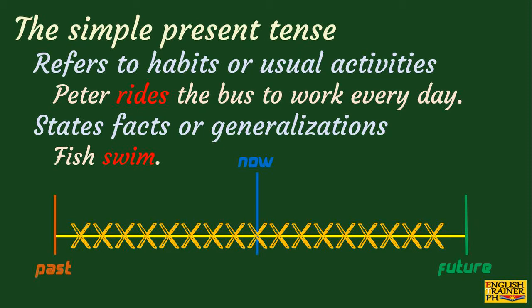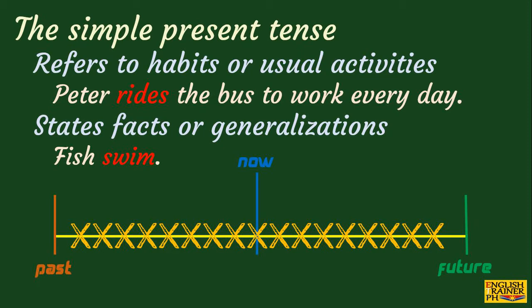It hasn't changed before, and it probably will not change in the future unless something happens. So, if I say Peter rides the bus to work, he started riding a long time ago in the past, he continues to do the activity now, and he will continue to do the activity in the future.